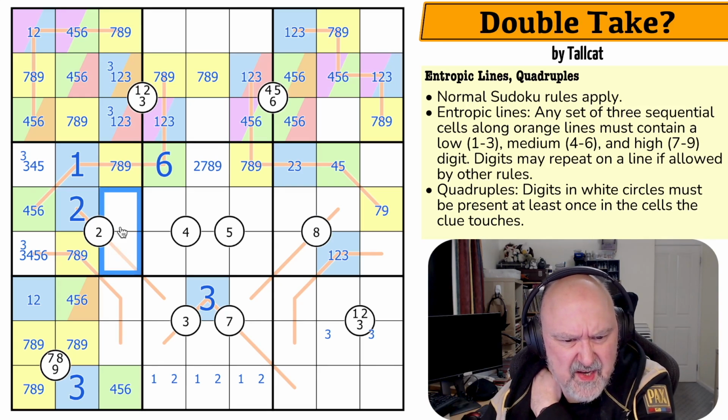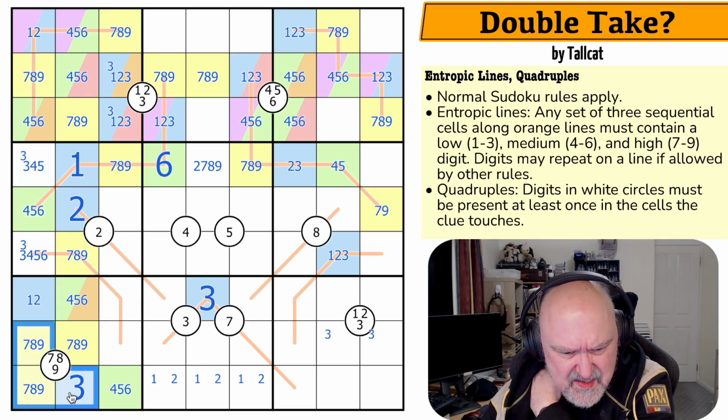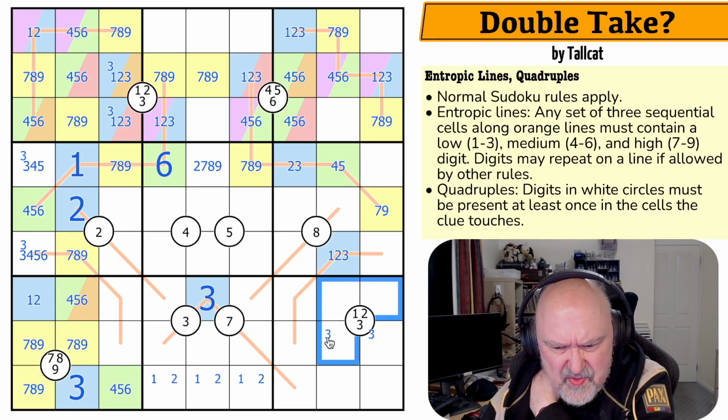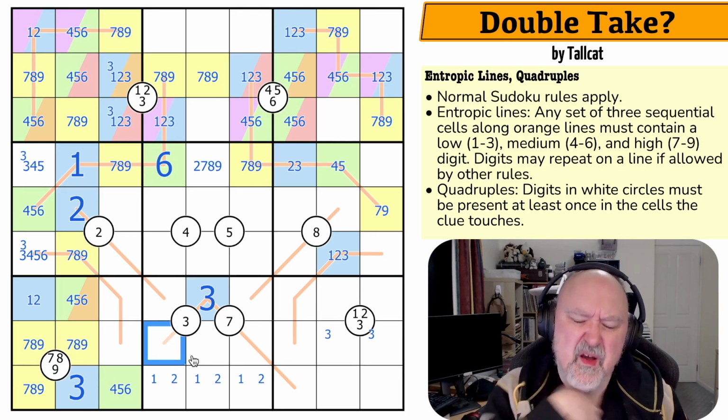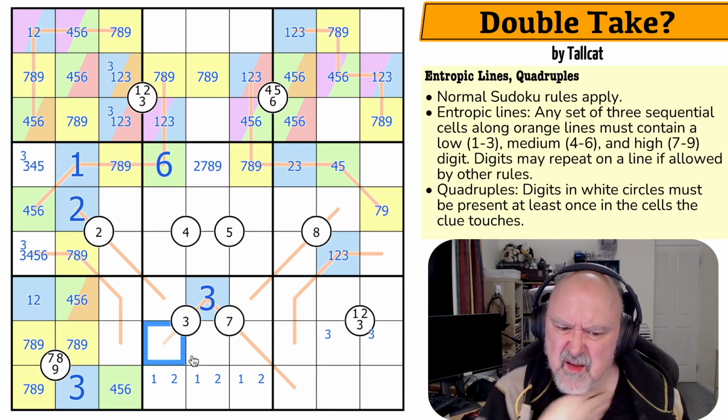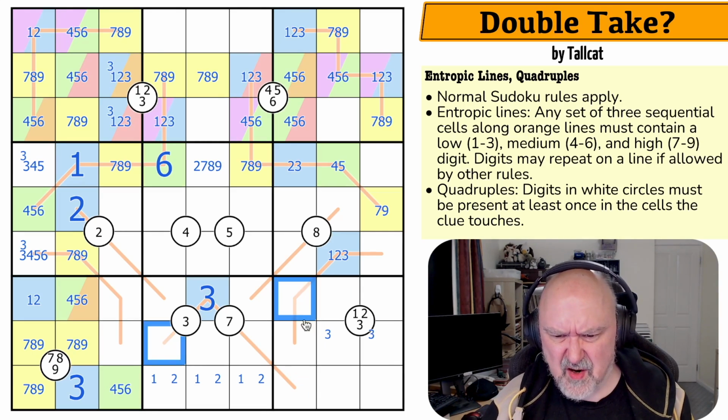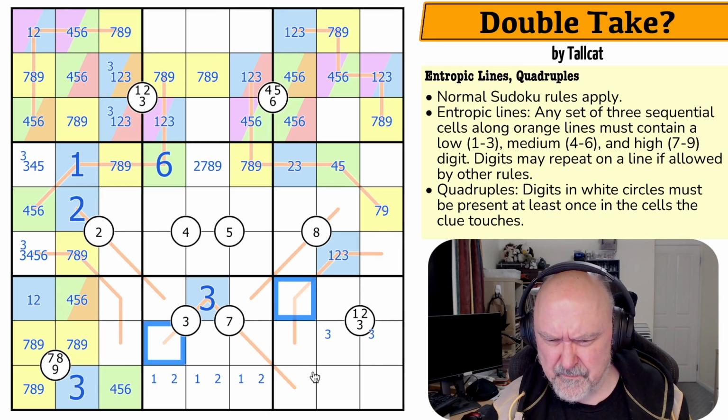There must be a high in here, which is why I've eliminated high from those and was able to get this. But this isn't providing the same. Those are the same. Could that be high? If that's high, that's high. And that's not a problem.